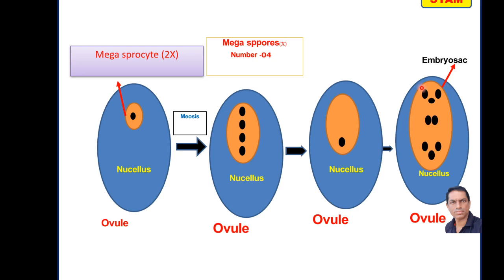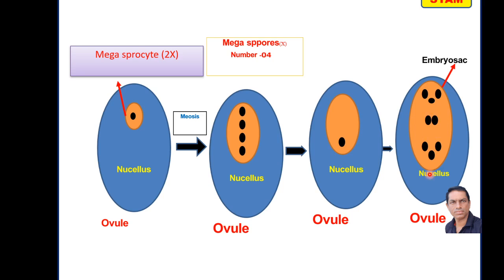The total female gametophyte, or embryo sac, has this structure: the egg apparatus, the 3 cells toward the micropyle side, consisting of the egg and synergid cells; 3 cells towards the chalazal side, the antipodal cells; and the middle cell containing the secondary nucleus, or polar nuclei.